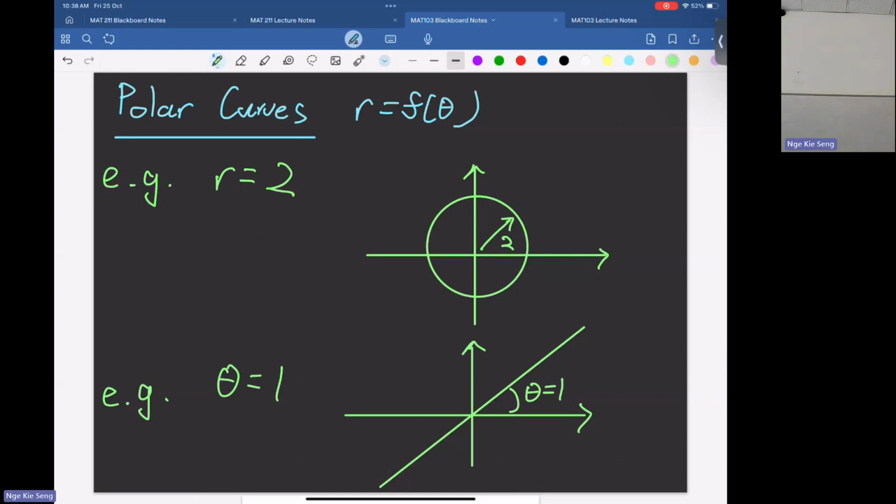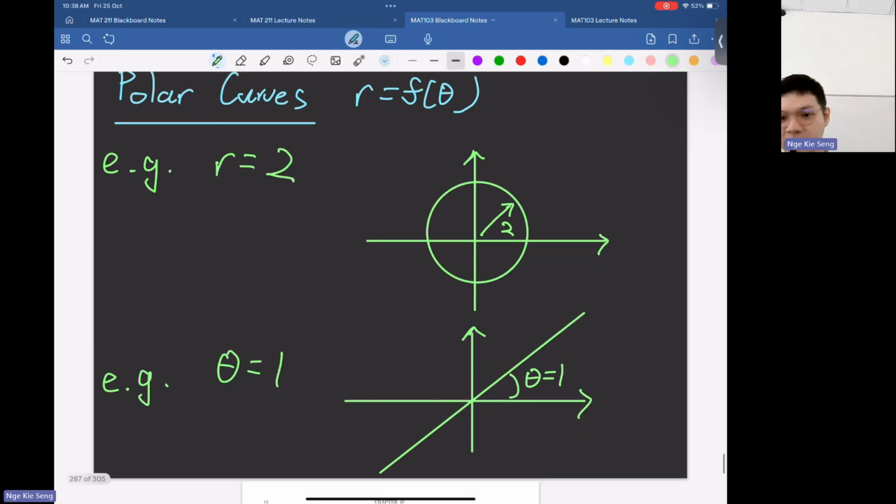So once you change coordinates, some curves or functions become easier. It reduces the dimension and just becomes a constant function. Sometimes polar coordinates are useful, sometimes rectangular coordinates are useful. In this case, polar does a better job.